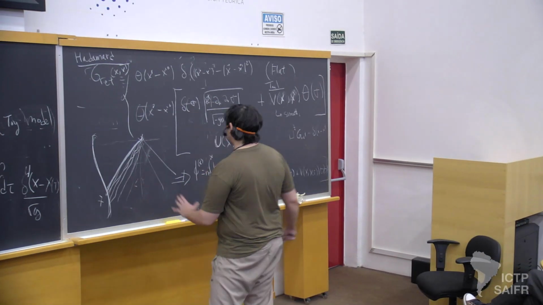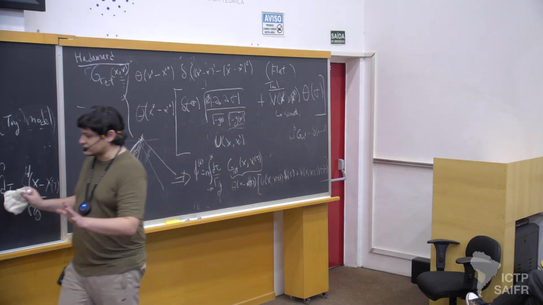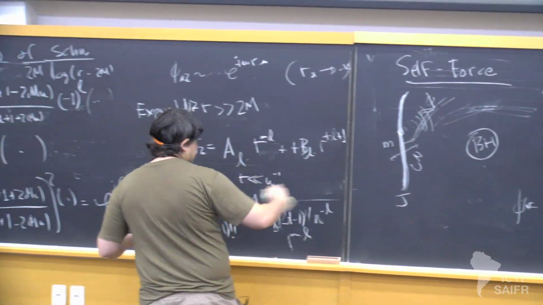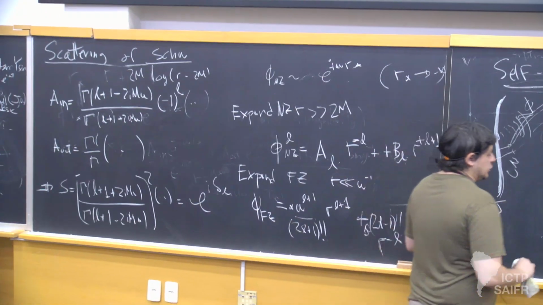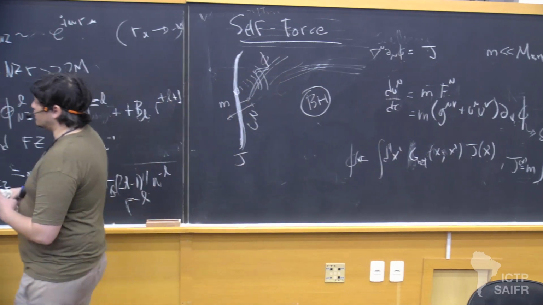But you can ask me later, and then I can tell you a little bit more, which is almost at the edge of my understanding. So I can tell you a little bit more how to expand u and b. But at the end of the day, b will be computed perturbatively.